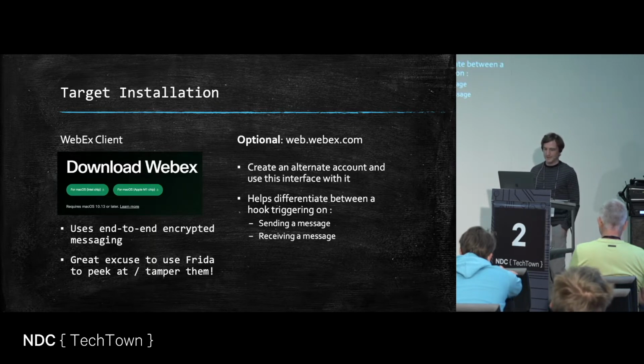In order to actually see the messages being sent to the other end, you'd have to inject into the process and get to the message that way. That's what we'll be doing with Frida. We'll look at the messages before they're end-to-end encrypted, and then we can peek at those and tamper with them, whatever we want.